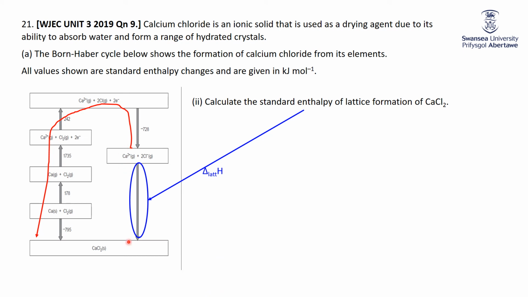So lattice energy going straight is equal to, going backwards here, so minus 728, minus 242, minus 1735, minus 178, minus 795, because every time we go in reverse we change the sign. This is minus 795 going here. Pop it all in there. Lattice energy is minus 2222 kilojoules per mole.